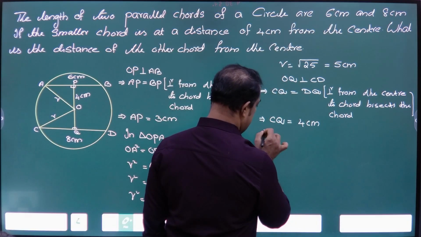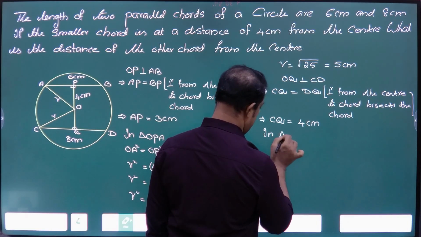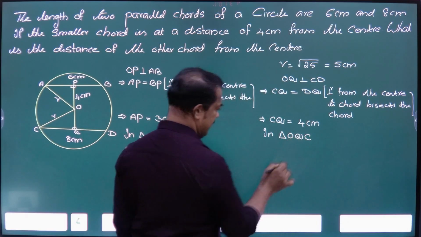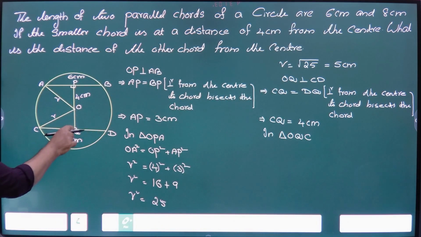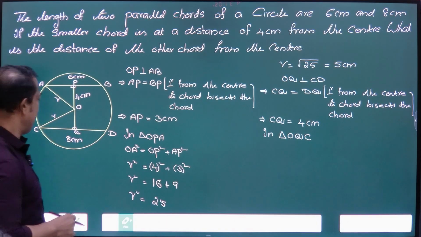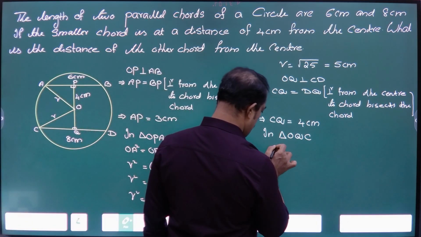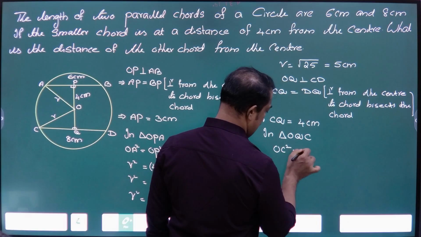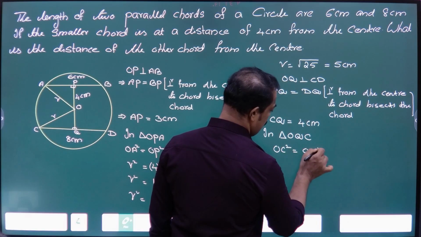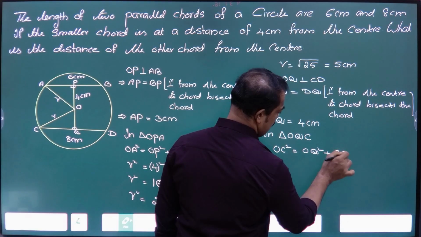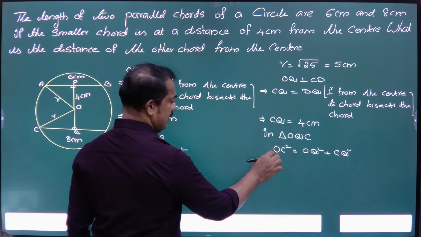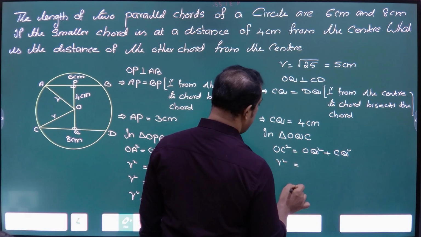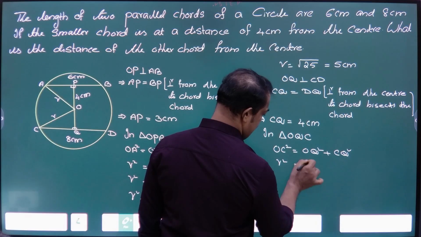Next, in triangle OQC, again apply Pythagoras theorem. OC square equal to OQ square plus CQ square. What is OC? R. OQ that you want to find.